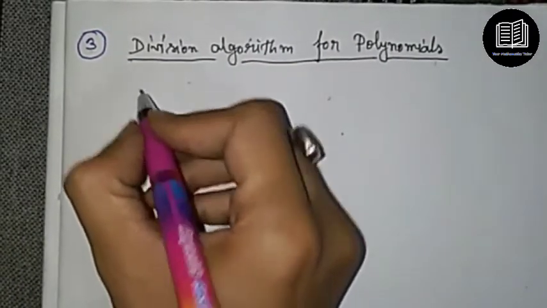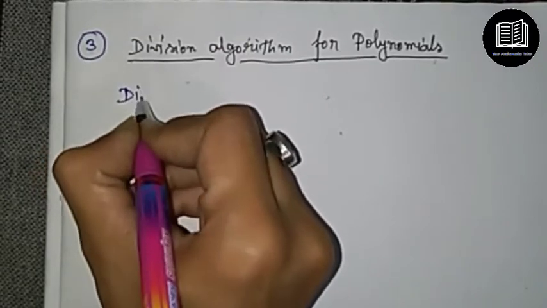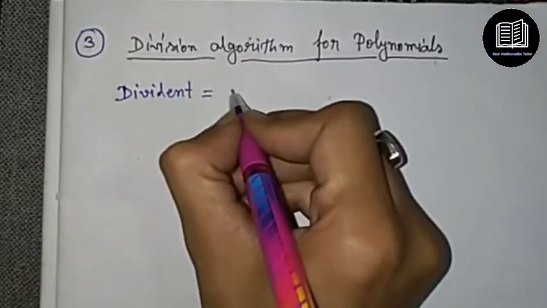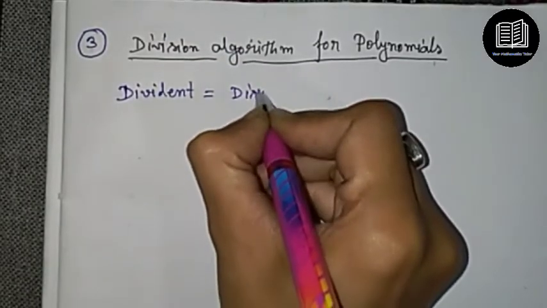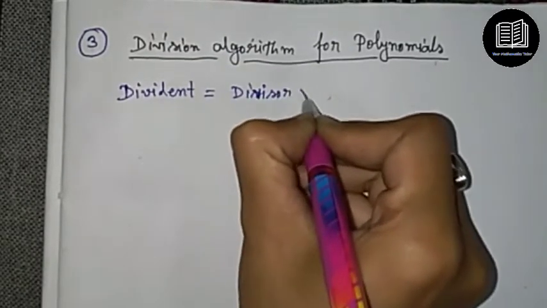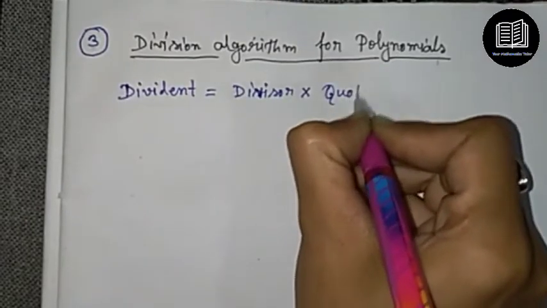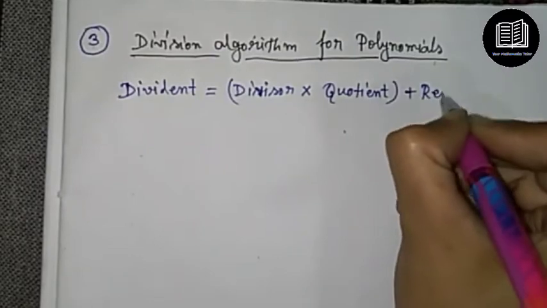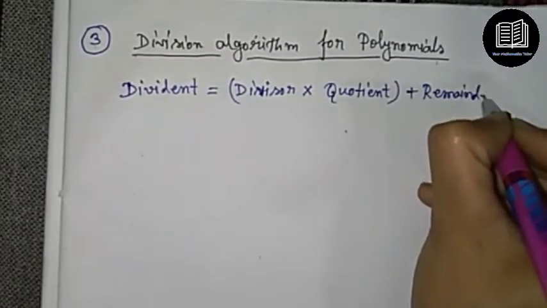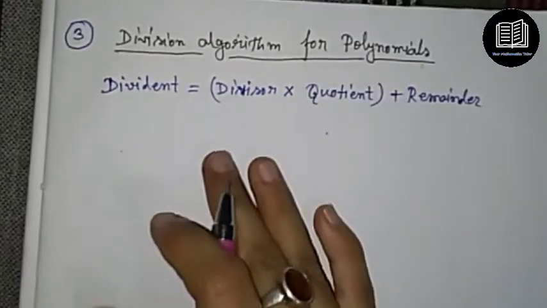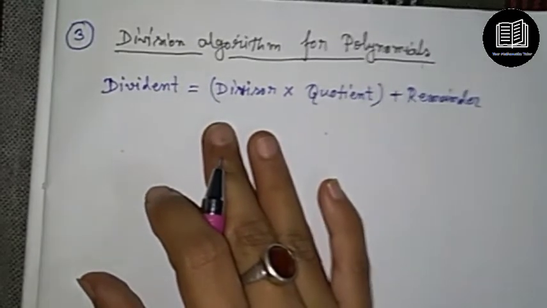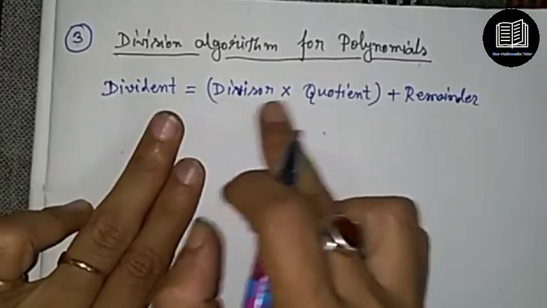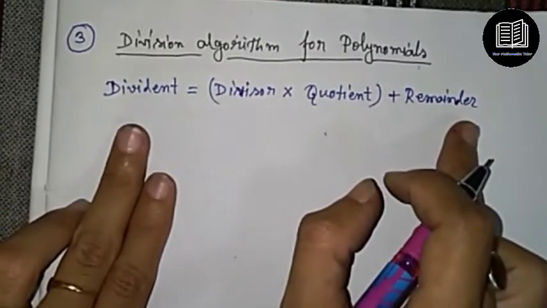What is division algorithm? Dividend equals to divisor multiply quotient plus remainder. Right? This is the actual division algorithm which you are very familiar with. The dividend equals divisor into quotient plus remainder.